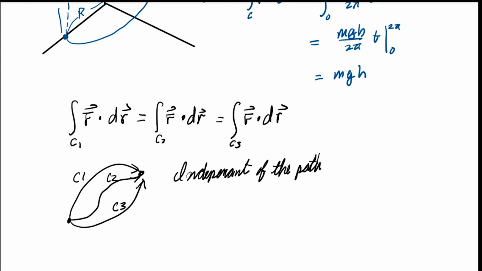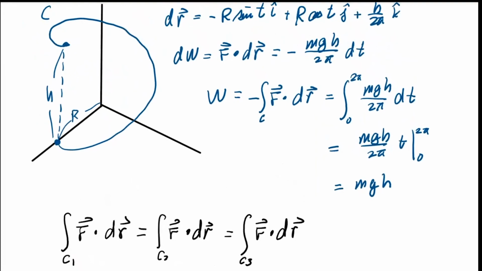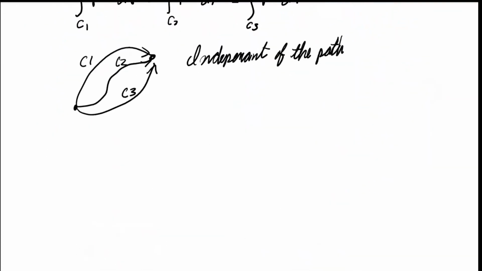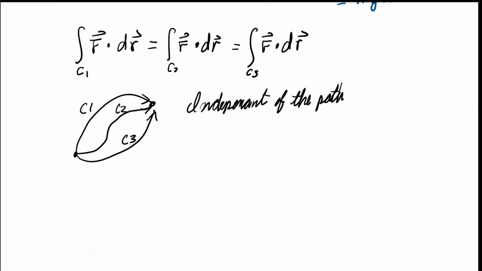Some kind of field, I like that. In this case, gravity, right? And most fields in physics happen to be independent of the path. Then we say this force field is conservative. Your tornado is not a conservative field.